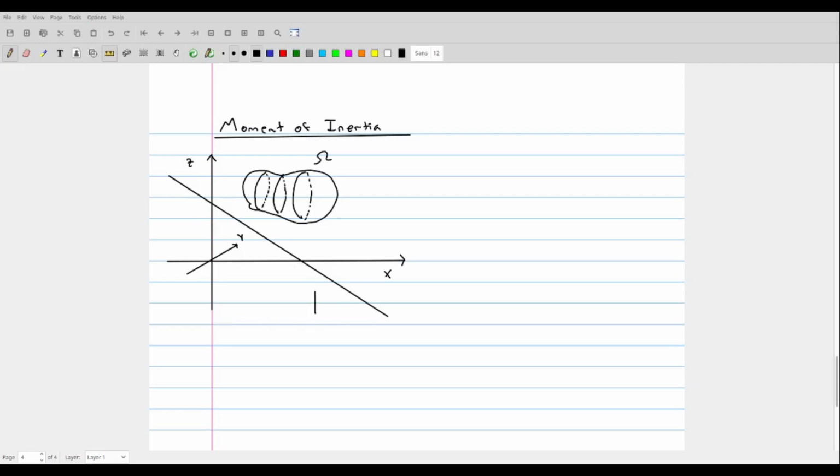We'll call it L. At any point on the surface, we'll call the distance between that point and the line r of x, y, z.